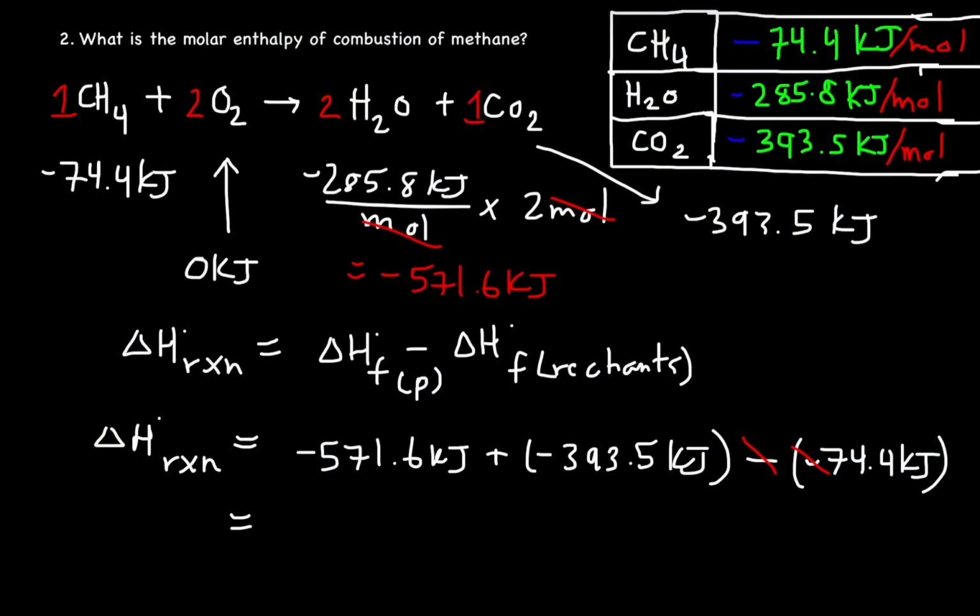Now we simply add them up. This gives negative 890.7 kilojoule. Therefore, the enthalpy change of the combustion of methane is negative 890.7 kilojoule per mole.